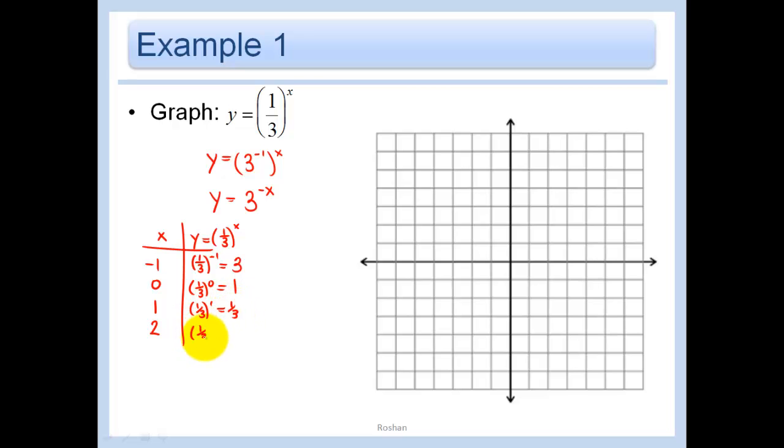And 1/3 to the second power is 1/3 times 1/3, or 1/9. Square the top and the bottom, don't forget. So you can see the numbers are going down. We have decay. Plot (-1, 3), (0, 1), (1, 1/3), and (2, 1/9).